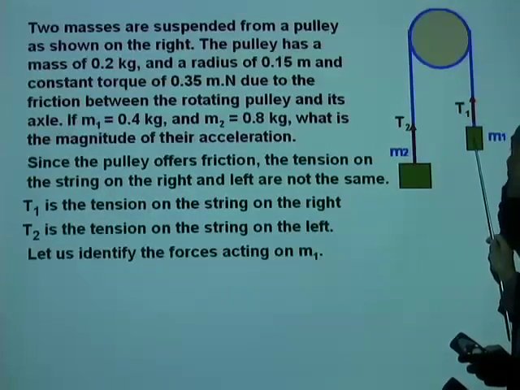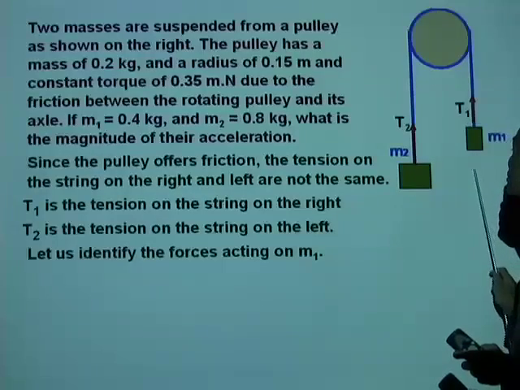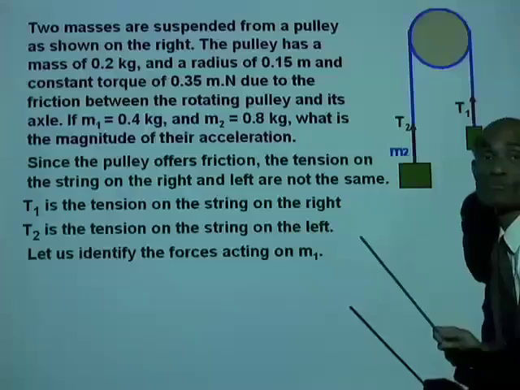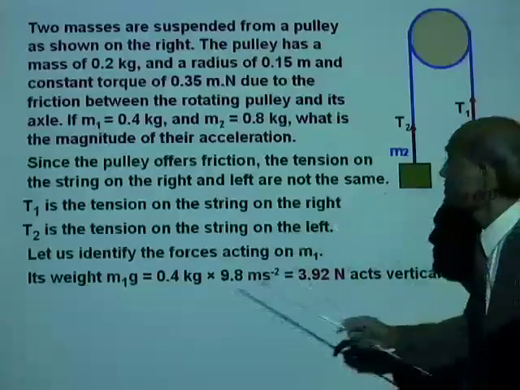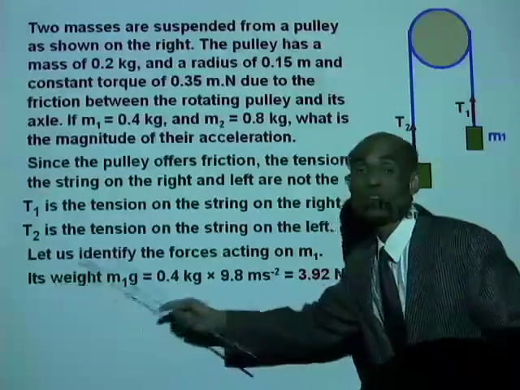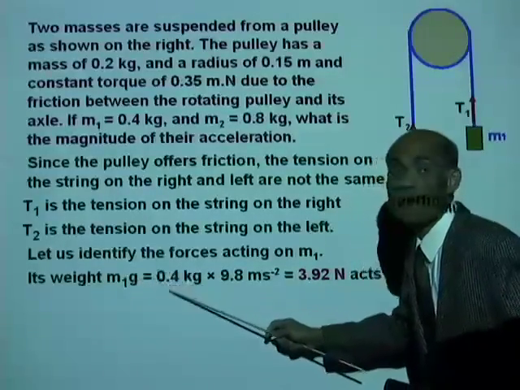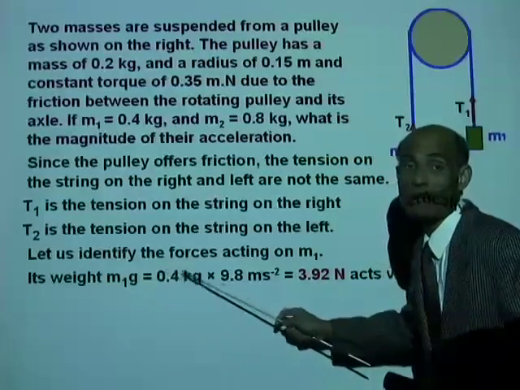Of course, the weight of M1 will be acting vertically down, and the tension T1 is acting vertically up. Let's first of all find the weight. The weight of M1 is M1 g. Its mass is 0.4 kilogram.